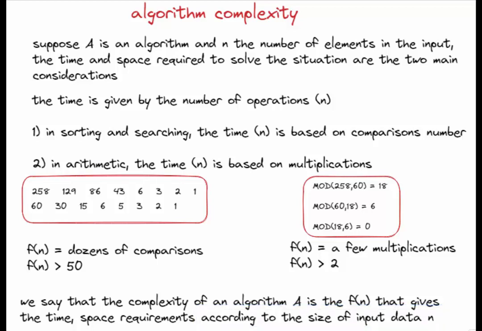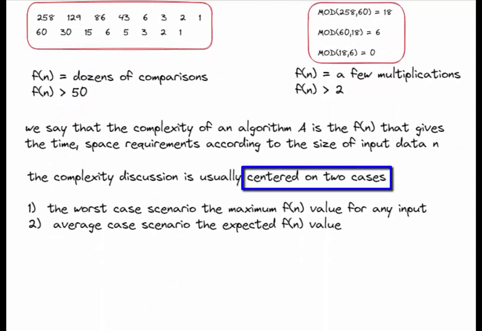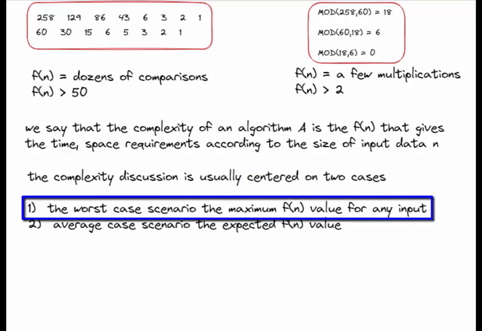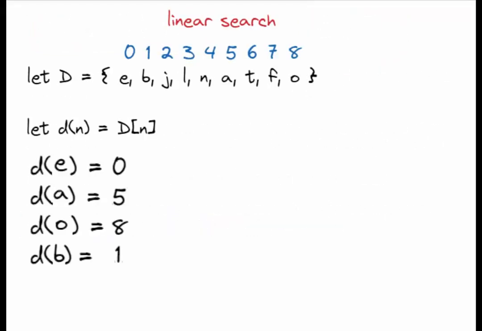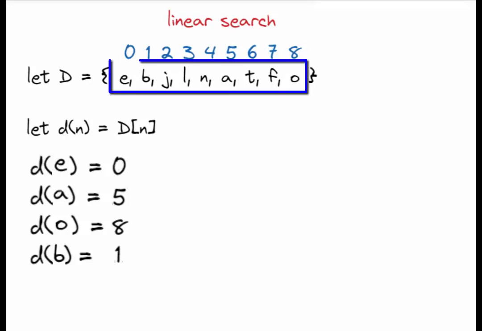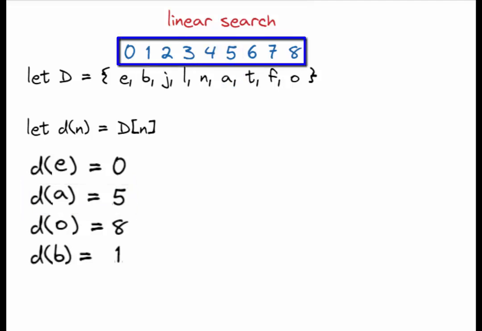For computer science, we are only interested in two considerations about an algorithm solving a situation: the worst case scenario, whatever the input is, and the average behavior. For example, we have a set with 9 elements, and we want a function that takes the element we want to find and outputs its position in the set from 0 to 8.